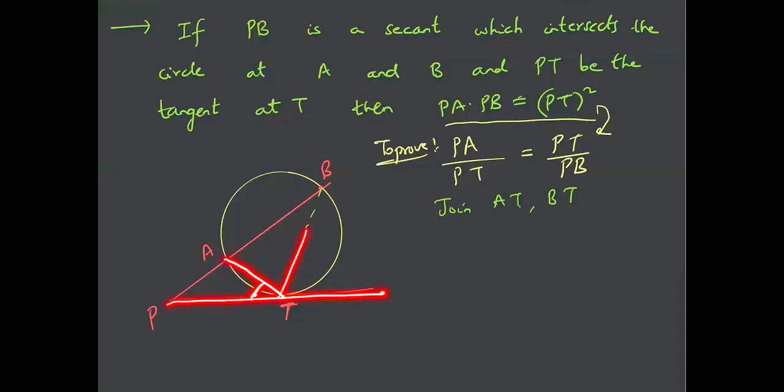So this angle will be equal to this angle by the alternate segment theorem. If PT is the tangent and AT is the chord through the point of contact, then the angle made by the chord and tangent is equal to the angle subtended by this chord in the alternate segment. So angle ATP is equal to angle ABT, by the alternate segment theorem.